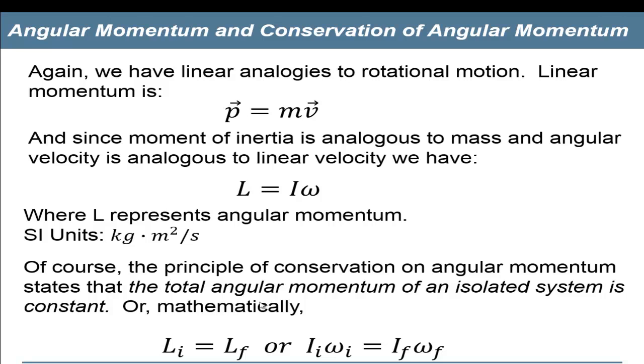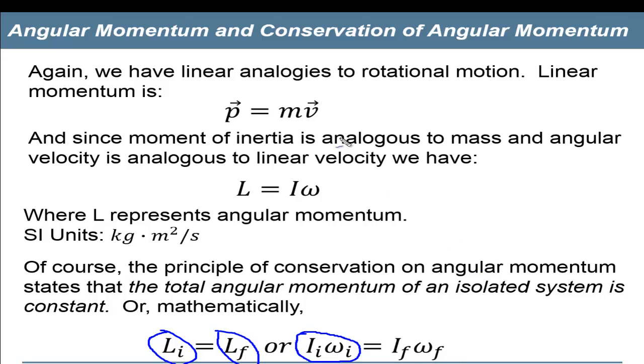Basically, that the total angular momentum of an isolated system, so a system that's not having some external forces acting on it, is constant. Or if we wanted to put it mathematically, the initial angular momentum is equal to the final angular momentum. Or we have the initial moment of inertia times initial angular velocity is equal to final moment of inertia times final angular velocity.